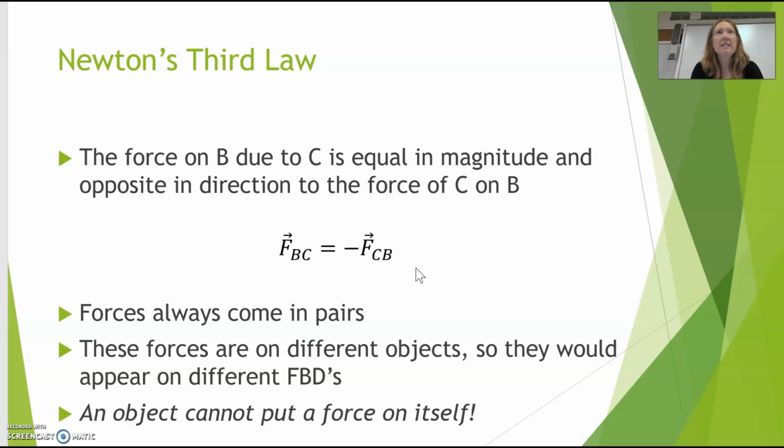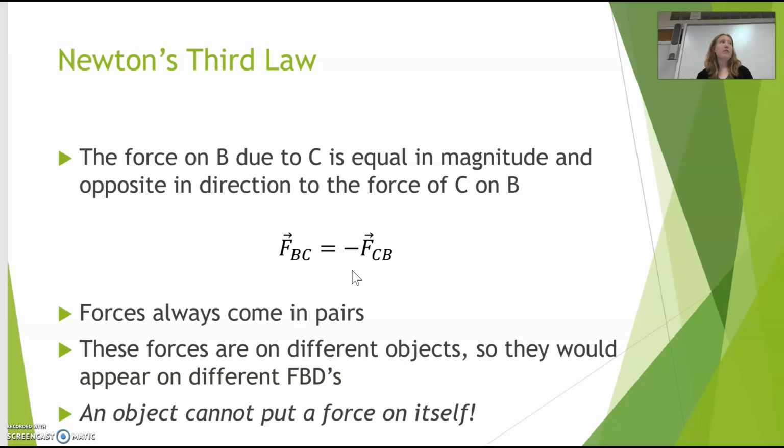Newton's third law is the equal and opposite reaction law. If you write it out as a math equation, this is the way it's written: the force of B on C is equal and opposite to the force of C on B. The negative sign is an indication that opposite means opposite in direction.